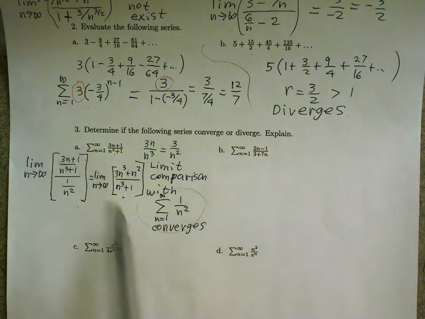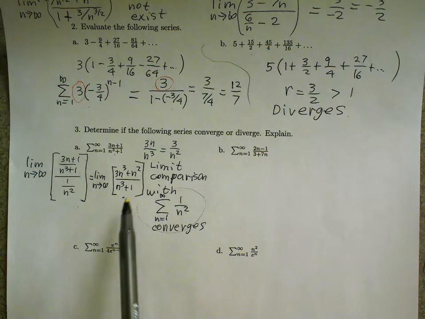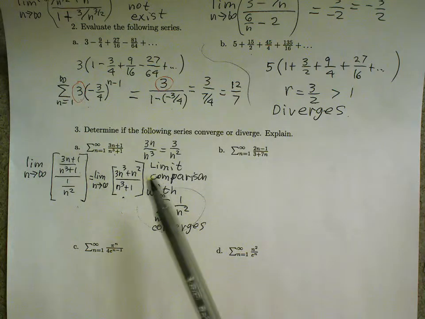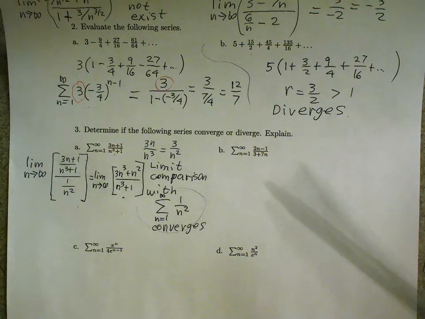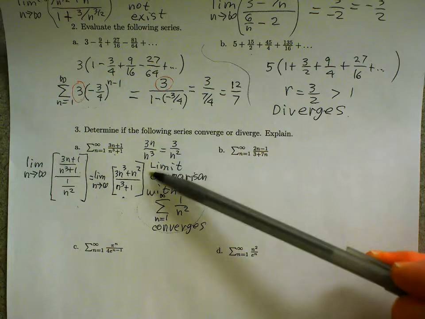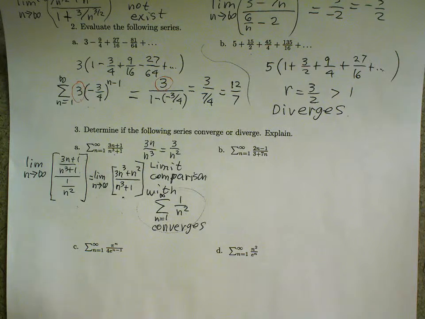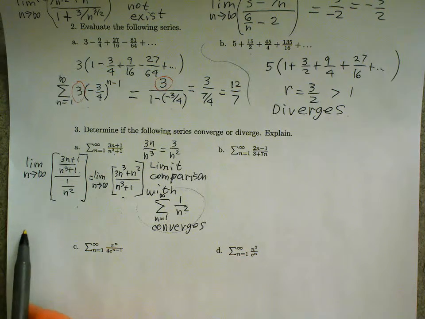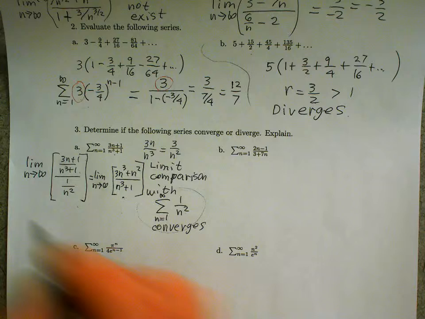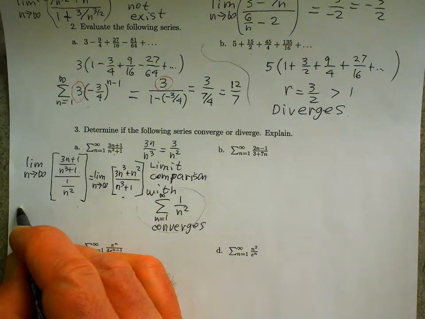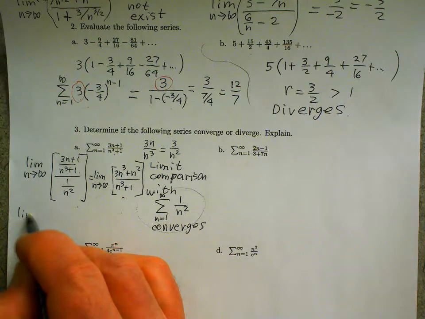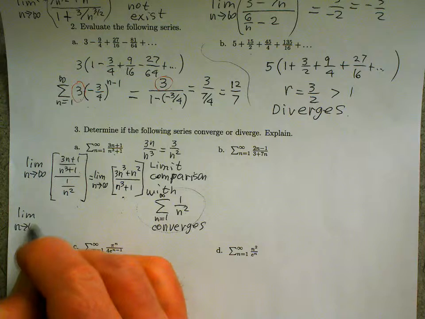So when computing this limit, we'll do the same thing that we did earlier today: we'll multiply by 1 in the form 1 over n to the third over 1 over n to the third. So I'll write that down. Limit as n goes to infinity.